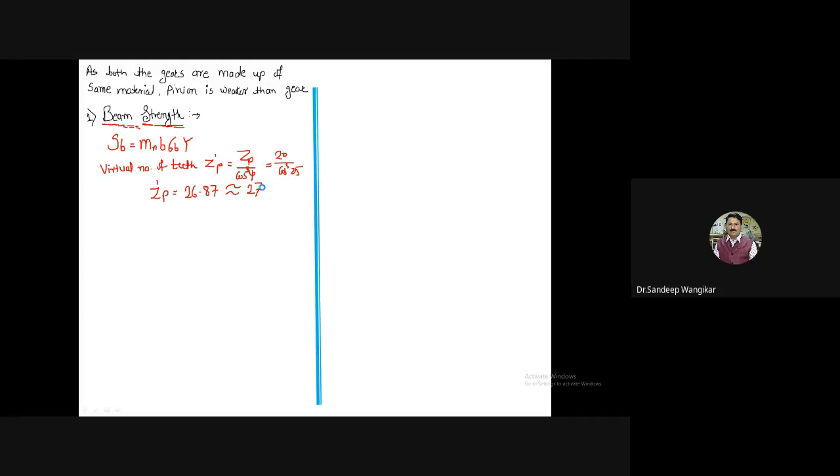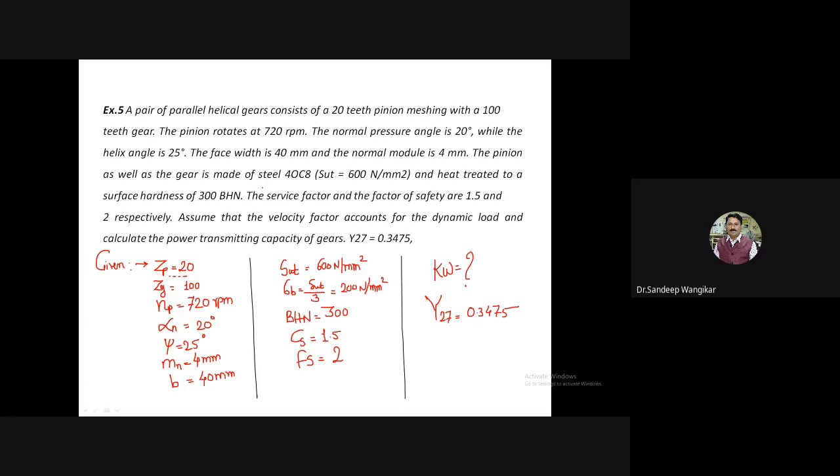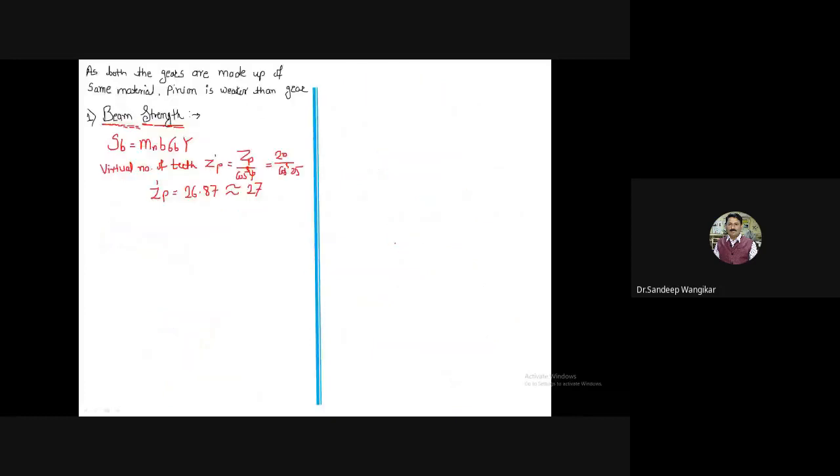I will assume this as 27. If you refer to the given data, Y for 27 is given here, so we can use the Y value. Now SB is equal to, just substitute Mn 4 into 40 into 200 into the Y value given, 0.3475. You will get the value of SB, the beam strength, in Newton.